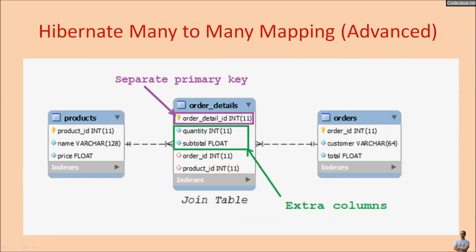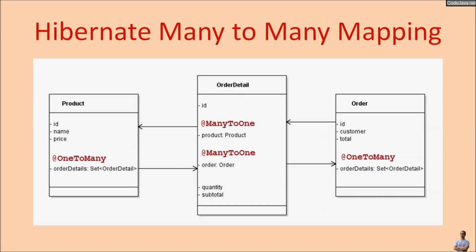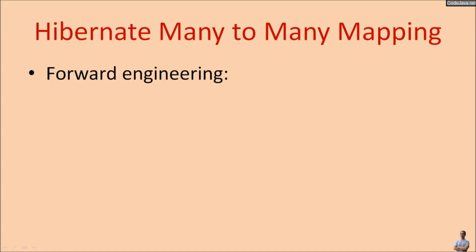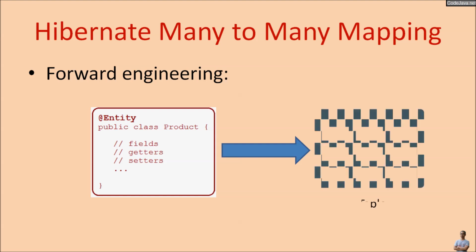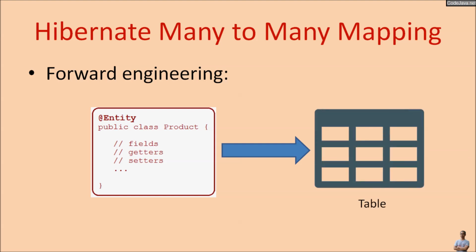The join table has a separate primary key and extra columns, and to implement this many-to-many relationship, we break it down into 2 one-to-many relationships, and we use forward engineering to create the tables from the entity classes.